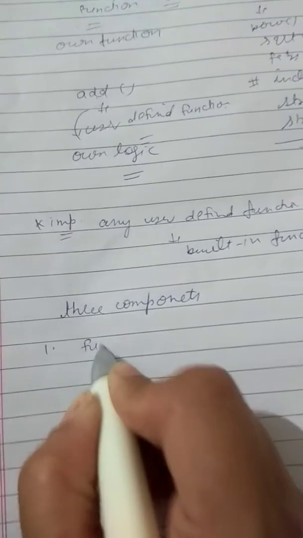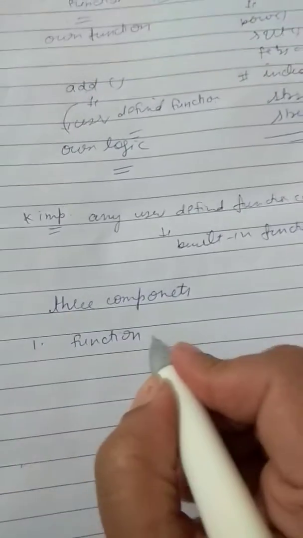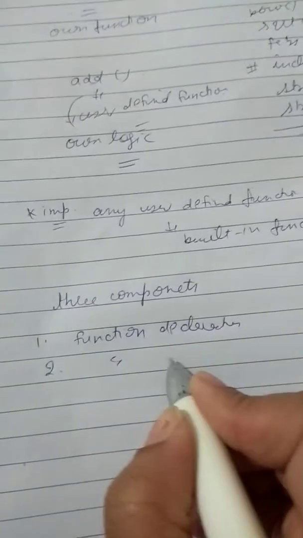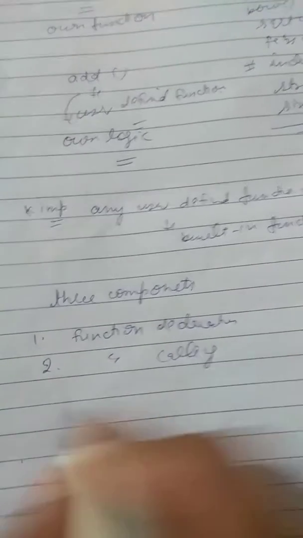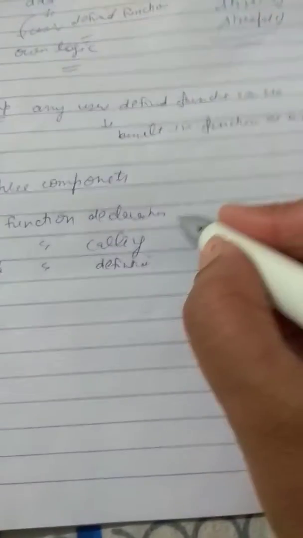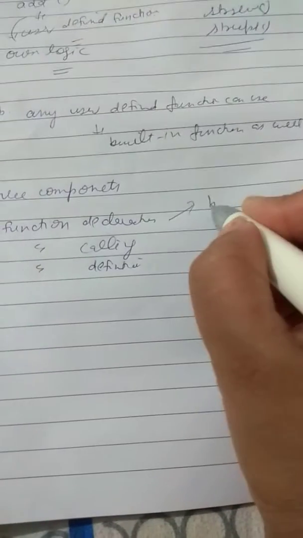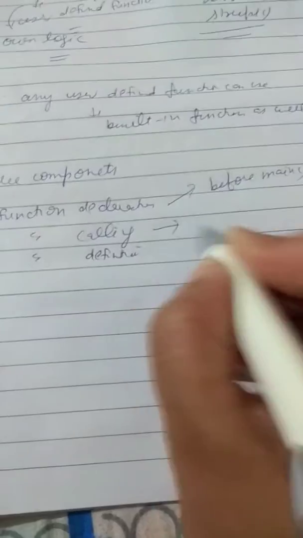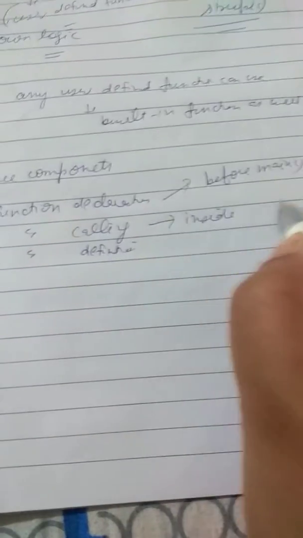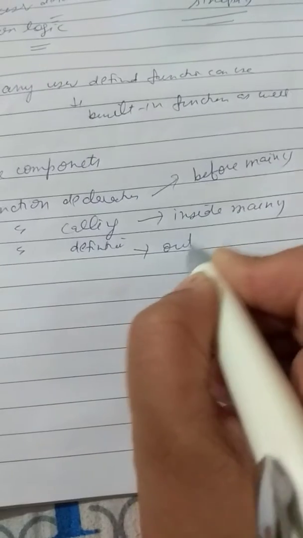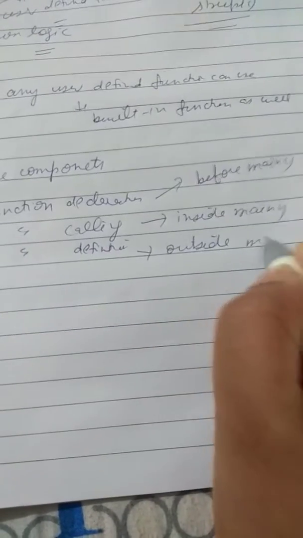First is function declaration, second is function calling, third is function definition. Function declaration we write before main function, calling we write inside main function, definition we write outside main function.